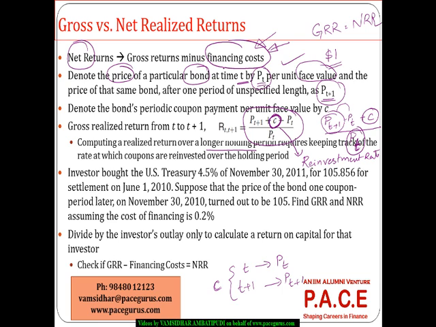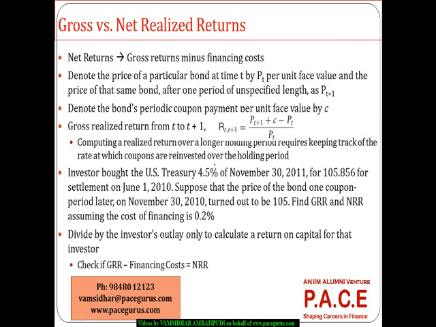Let's take a simple example for us to understand it. The investor bought the US Treasury 4.5% November 30th 2011 on 1st June 2010. So it has a maturity of 1.5 years.